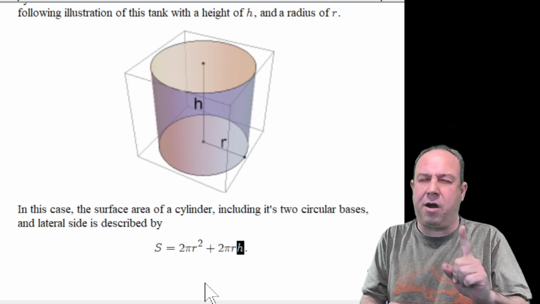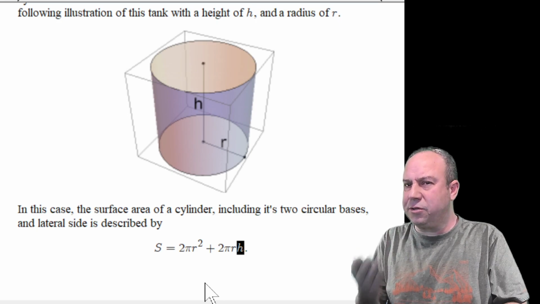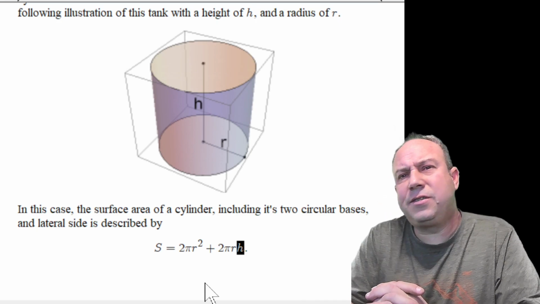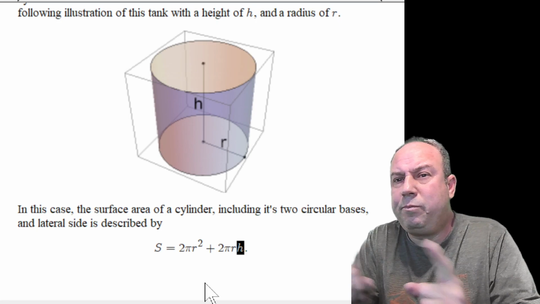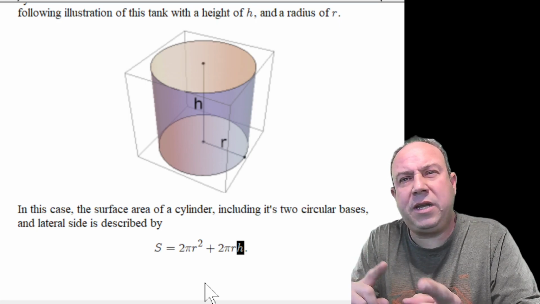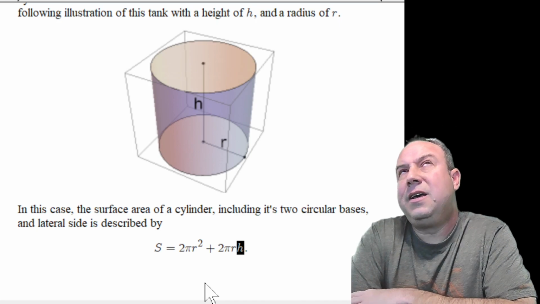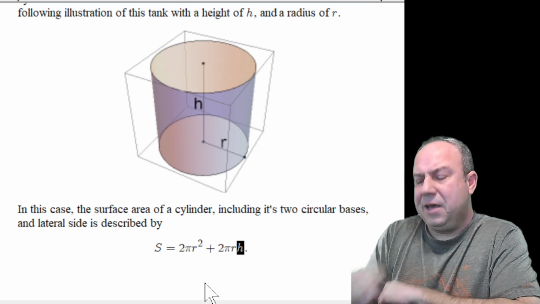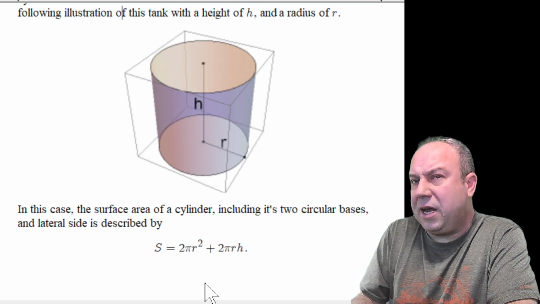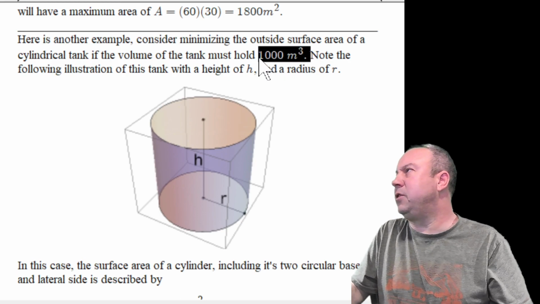It involves both r and h. And we are subject to some constraint where we might be able to use some of that constraint to develop a relationship between h and r that we can use to express this objective function in terms of just one variable. And that constraint is the fact that the tank must hold 1,000 cubic meters.